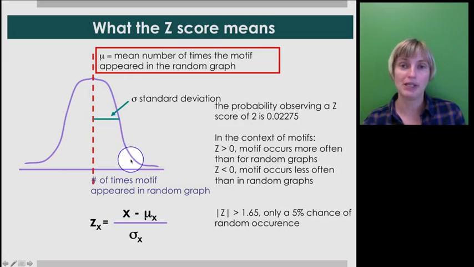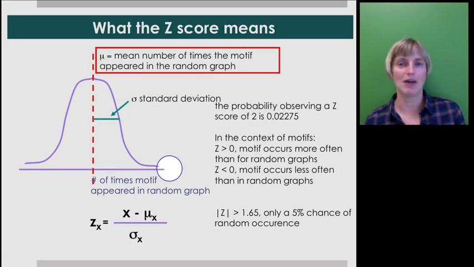If it's up here, it means that it's overrepresented in your real network, and especially once you get z-scores above 2, this is what becomes statistically significant at the alpha 0.05 level, meaning that there's only a 5% chance that you saw such a motif by chance.